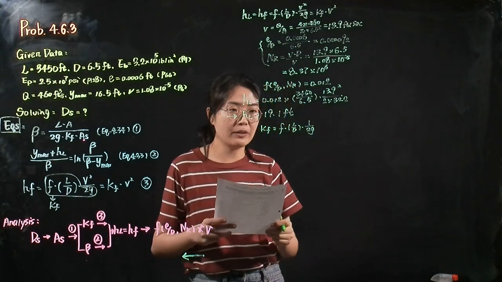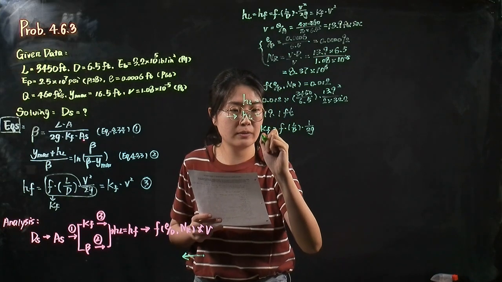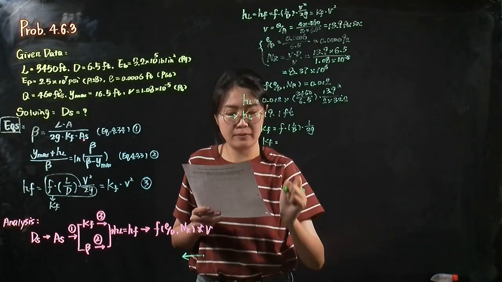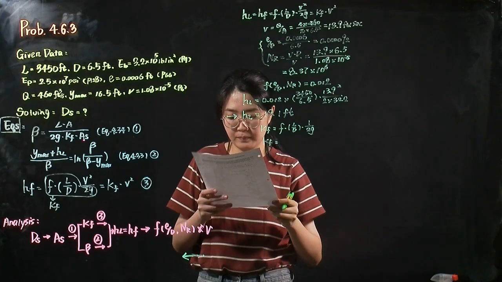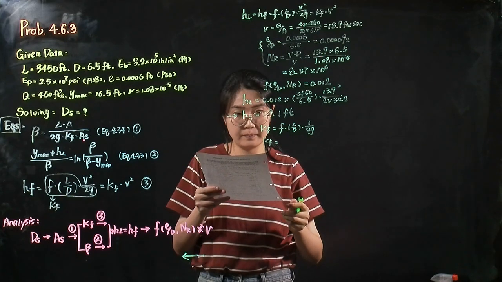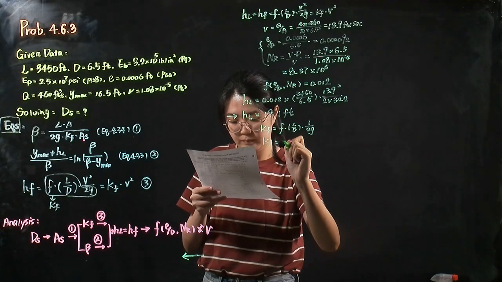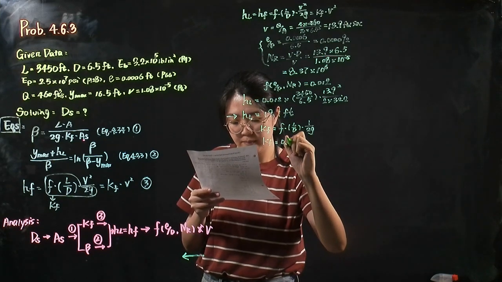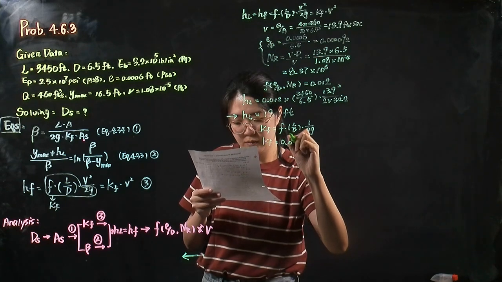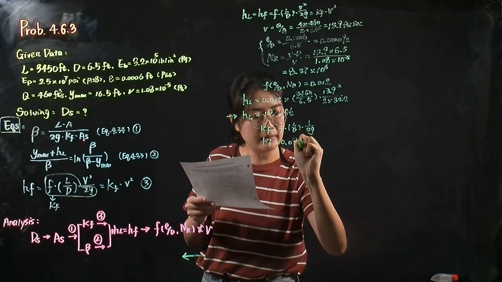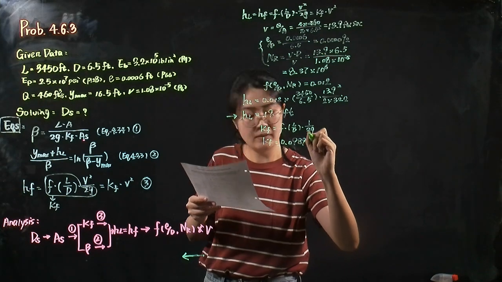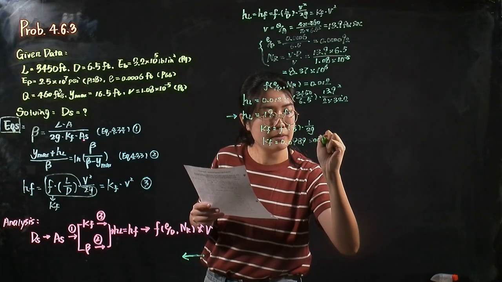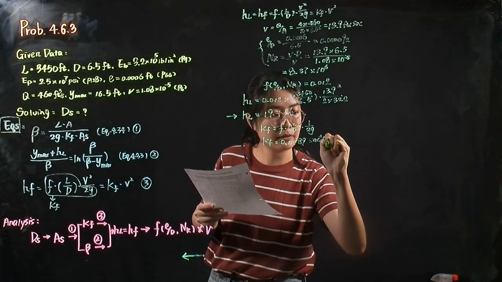After we bring the values back into this equation, we can get K sub F. It equals 0.0989 second squared per foot.